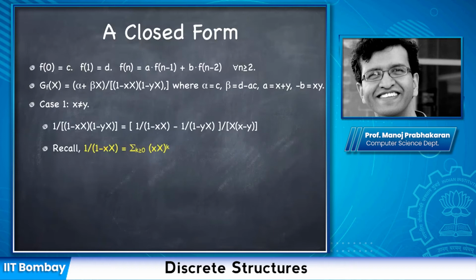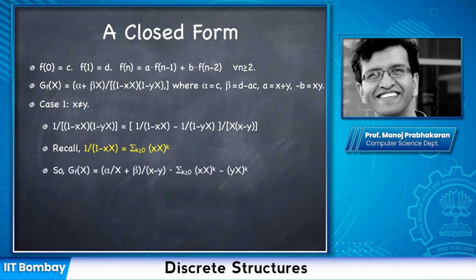Okay. Now each of these things I can expand using the extended binomial theorem. So 1 minus xX to the power minus 1 is 1 plus xX plus xX the whole squared, and so forth. And similarly for yX.